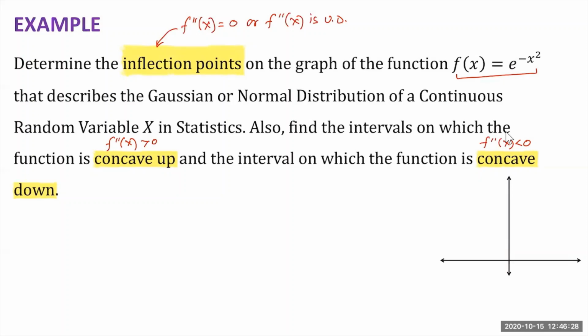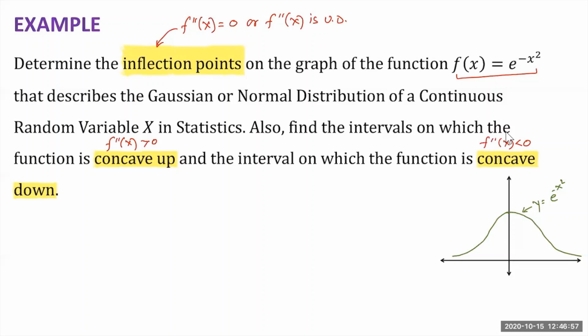This horizontal line is my x-axis, and the graph of the function y equal to e to the negative x squared, it will look like this, a bell-shaped curve. And we call it the graph of normal distribution. So this is the graph of y equal to, or f of x equal to e to the negative x squared.